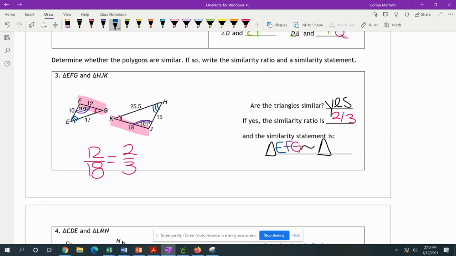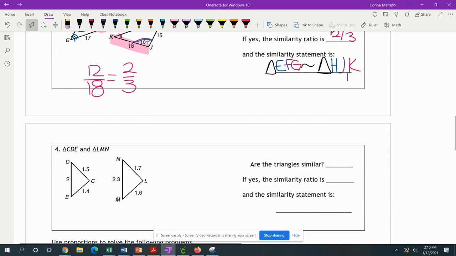So since I wrote E first, then that means I have to write H first because E and H are similar. And then I put F, so if I wrote F next and then the letter J goes next because F goes with J. And then G was the last letter I wrote, and angle G is similar to angle K. So then that's the way you need to write your similarity statement. And that's it. All right.